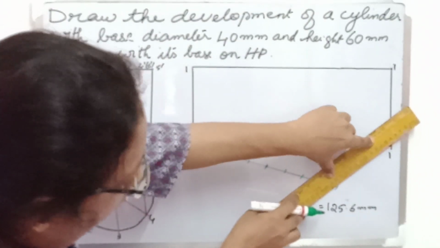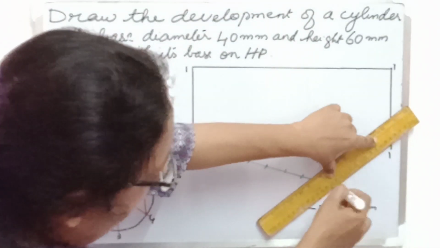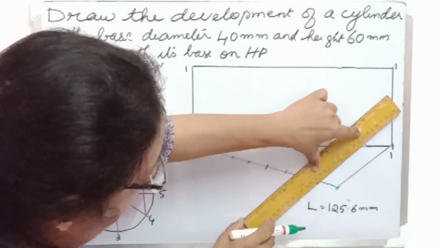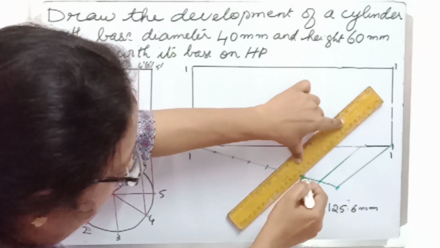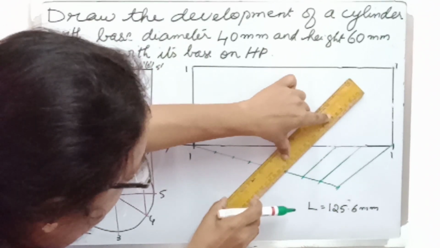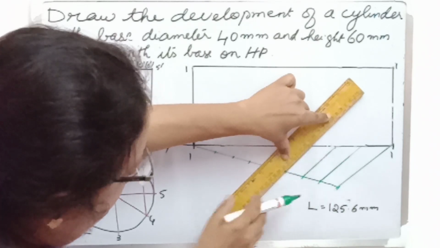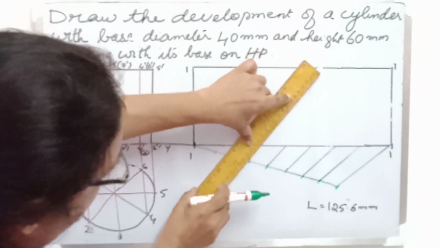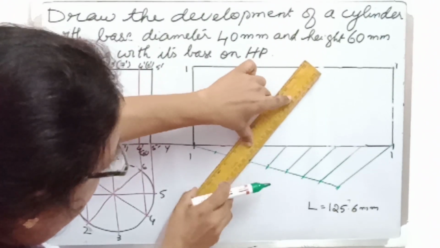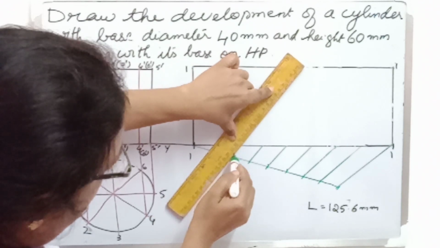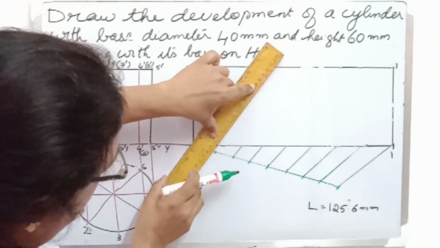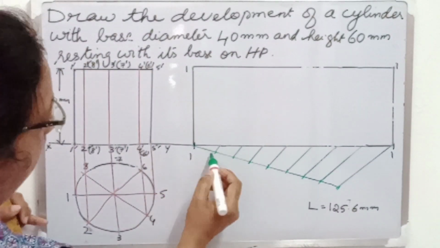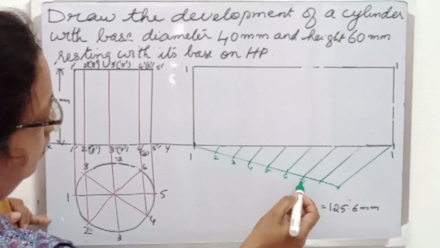Next, let us join the ends of these two lines. Now, from each division on the inclined line, let us draw lines parallel to this line onto this line 1, 1. So like this, the line 1, 1 of length 125.6 will be now divided into equal parts with equal lengths.